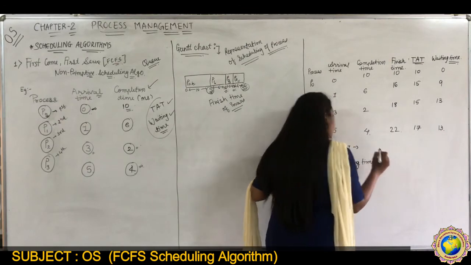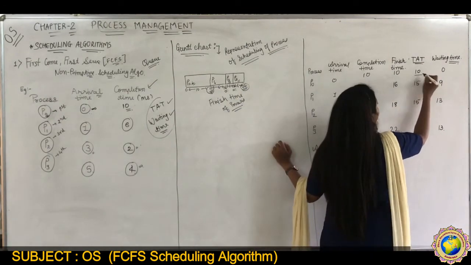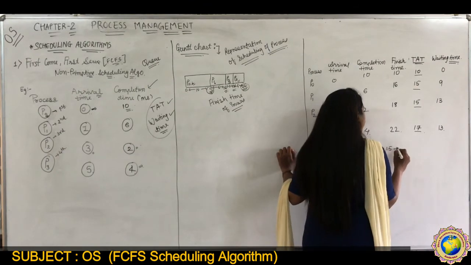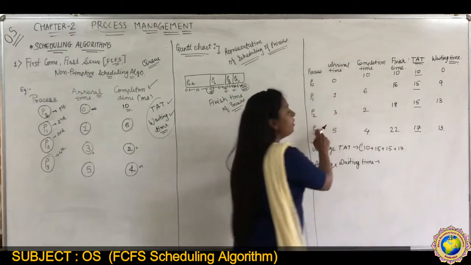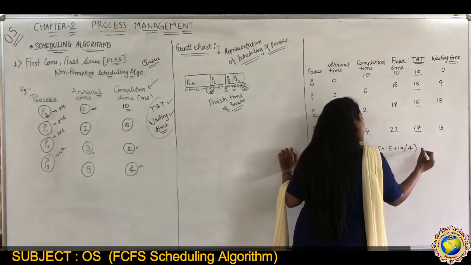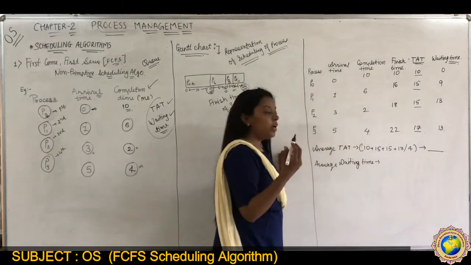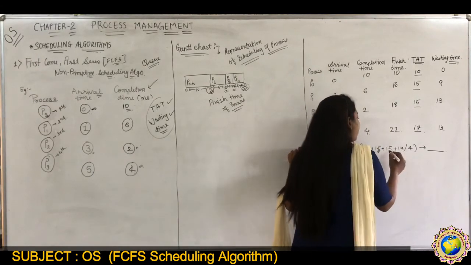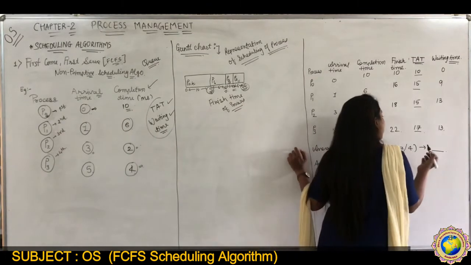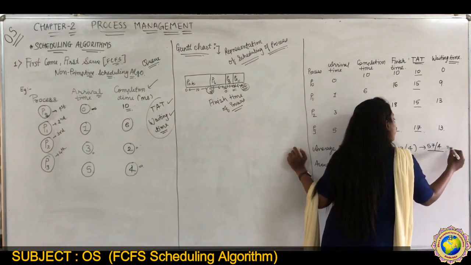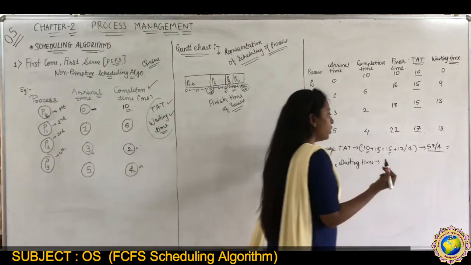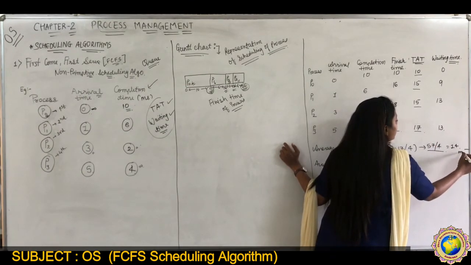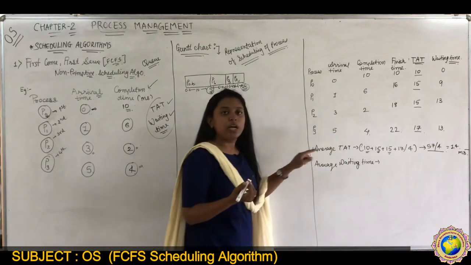For the average turnaround time, you add 10, 15, 15, 17 and divide by the number of processes, which is 4. 10 plus 15 is 25, 25 plus 15 is 40, 40 plus 17 is 57. 57 divided by 4 is 14 point something, and that is your average turnaround time.